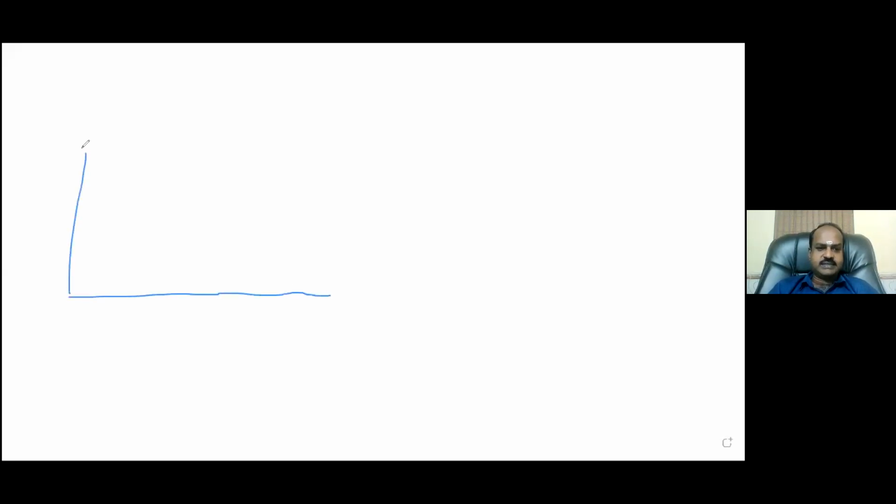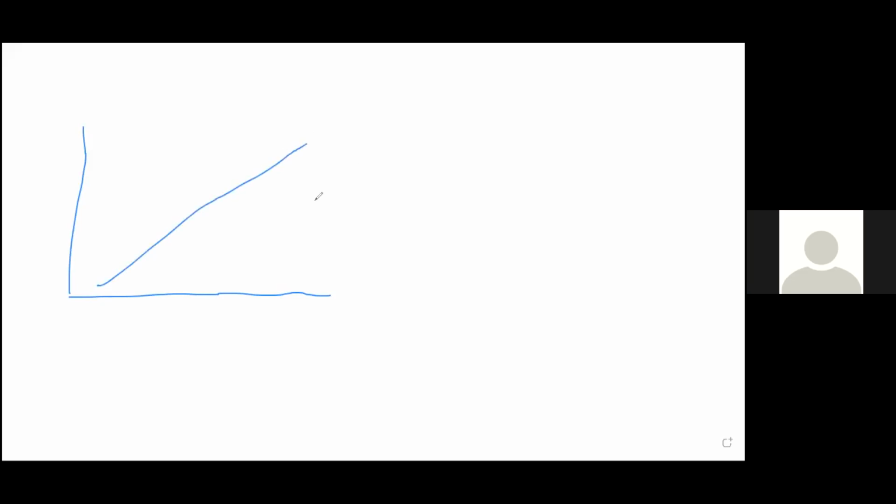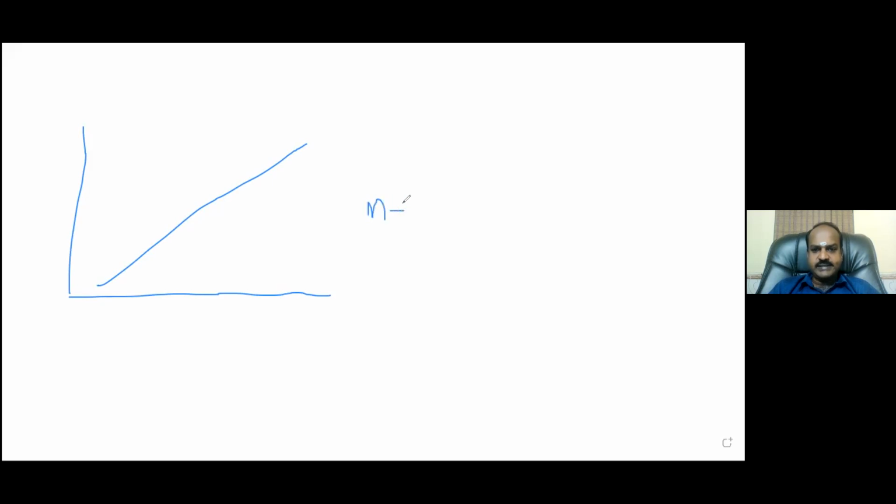This is the x-axis, this is the y-axis, this is your regression line, right? And now in order to get the M, I said the formula is delta y by delta x. At any point, can you draw a horizontal line? Possible? In that horizontal line, you find out theta. Possible with a protractor? Yes, sir.